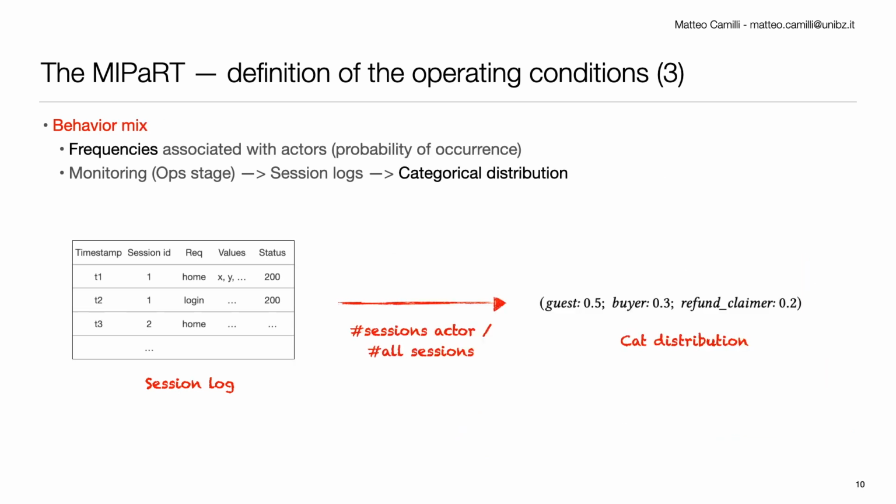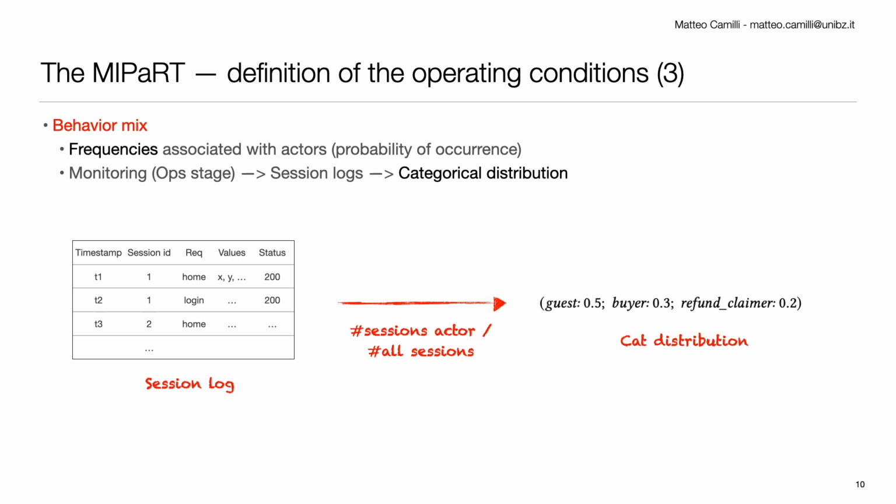In addition to the behavioral models, we also build the so-called behavior mix that associates to each actor its own probability of occurrence in production. So again, from the session logs, we extract the number of sessions per each actor, and we divide it by the number of all sessions in order to derive a categorical distribution associating for each actor its own probability of occurrence.